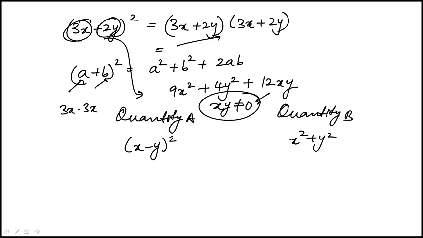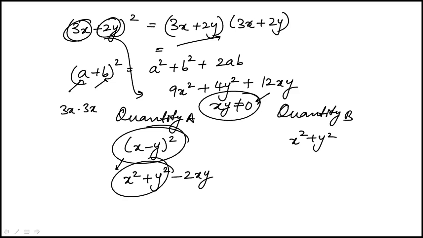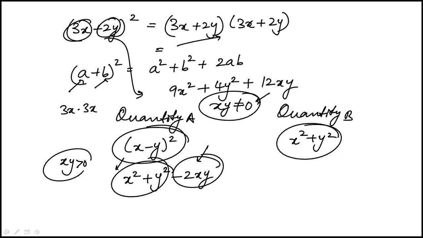Again, if you see an opportunity for an expression to be expanded, always do so. This is the standard identity we did earlier. It becomes x squared plus y squared minus 2xy. Now this term is the same, so it really boils down to minus 2xy. If xy is positive, then quantity B is bigger because you're subtracting a positive number.